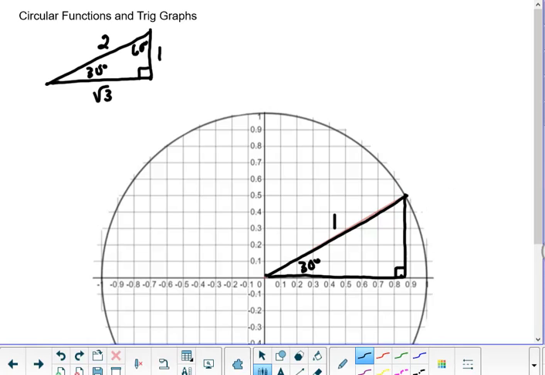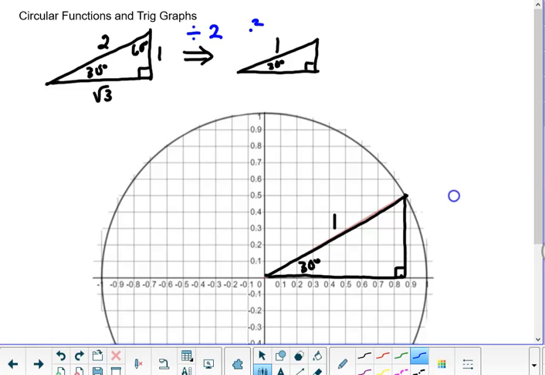So how would I take my 30, 60, 90 and rescale it to a similar triangle that has a hypotenuse of 1? If this hypotenuse is 1 right here, then what do I have to do to the other two sides? Well, notice I would have to divide each side by 2. So I divide the sides by 2.